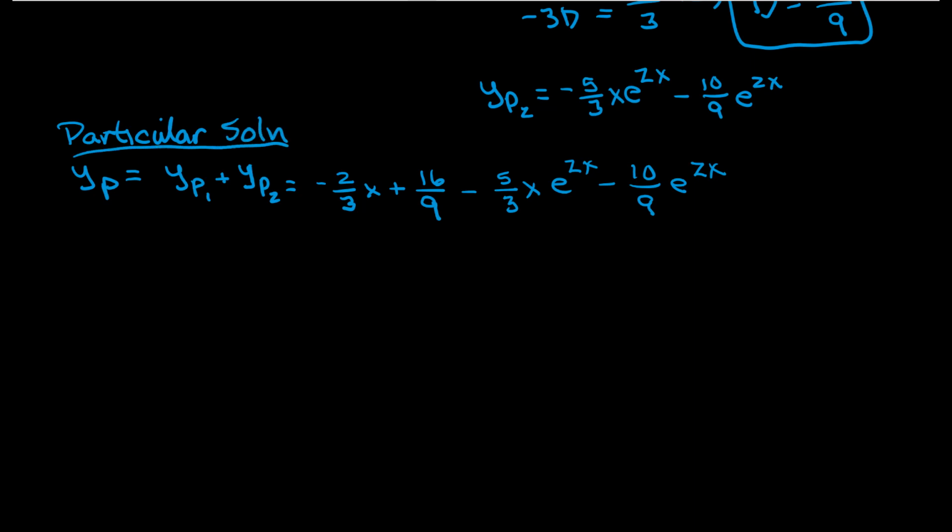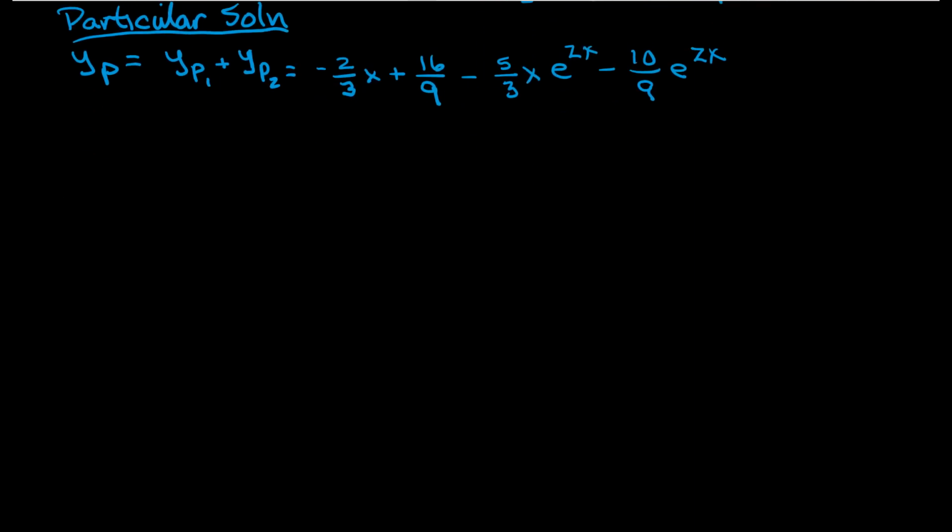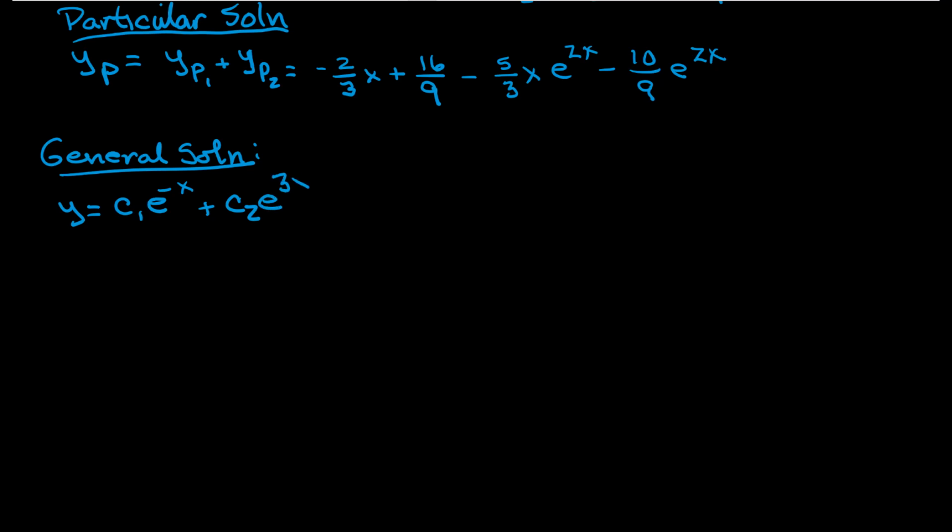And the general solution is going to involve the solution that we obtained for the homogeneous equation. And that was c1. So I'm just going to put my y equals c1 e to the negative x plus c2 e to the 3x.